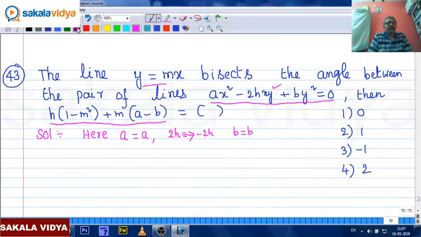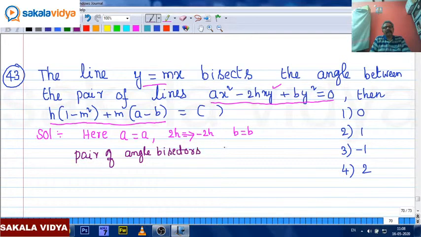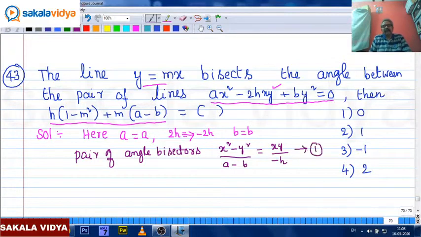Now the pair of angular or angle bisectors is (x square minus y square) by (a minus b) equals xy by h, but h is minus h here. Now say equation 1.